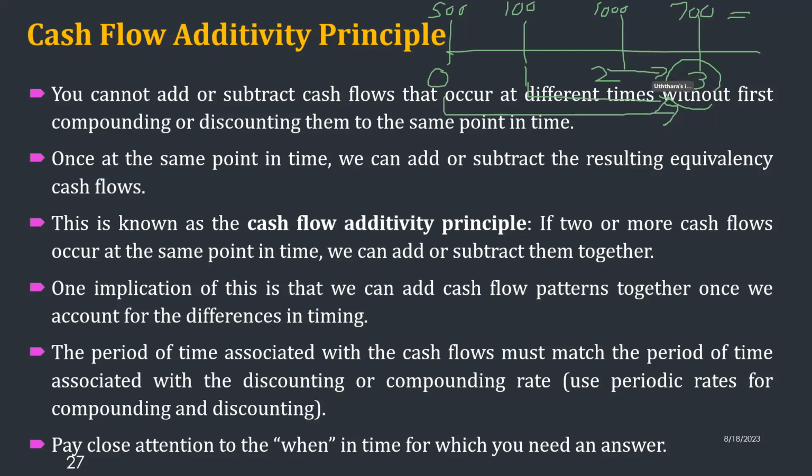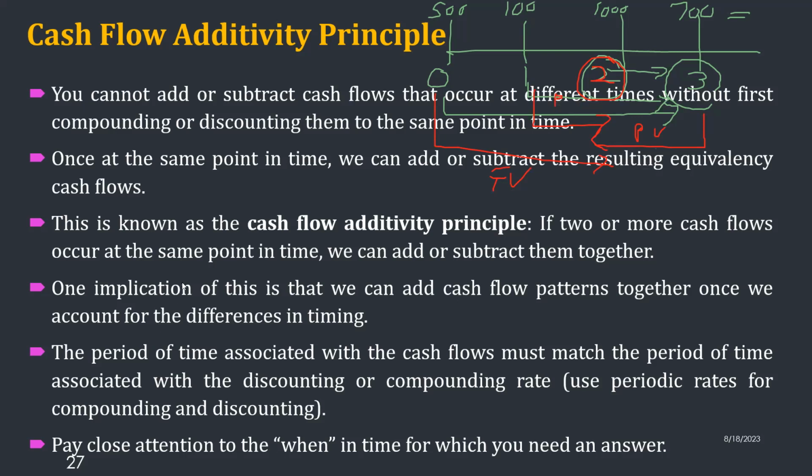If you need to calculate the value of year 2, you can take the value of year 2 as it is, and you need to take the present value of year 3, and you can take the future value of year 0 or year 1, right? Then only you can add these things.